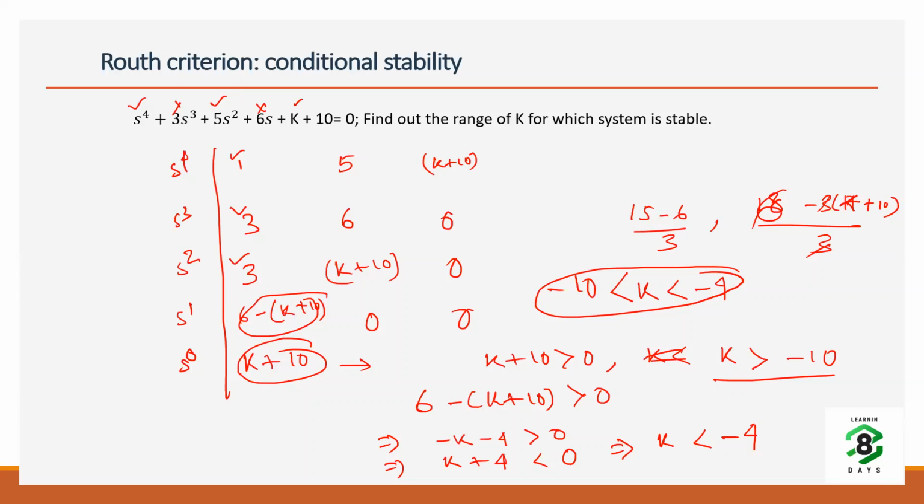Now if you have a system which has some zeros as well, and you need to conclude about its stability and its time response, you cannot do everything from this. So it depends on what question is being asked and what information is given to you. These techniques are complementary to each other.